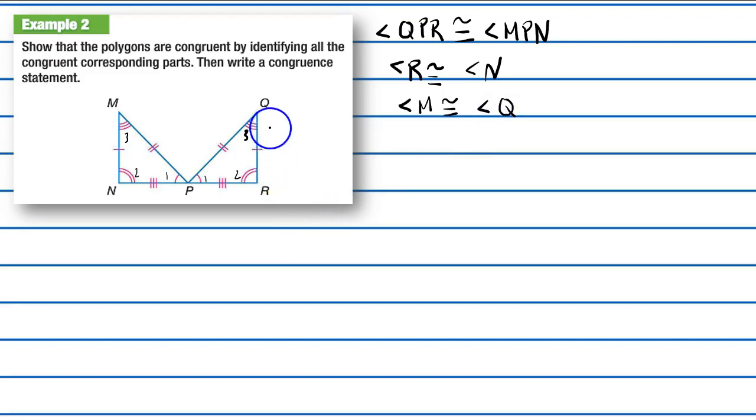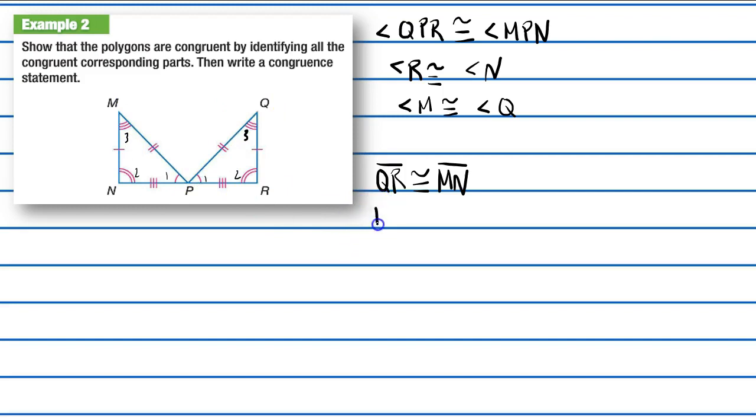And then once again, we can say that our sides are congruent. So side QR is congruent with side MN. Then we look at the 2 marks on each of these.